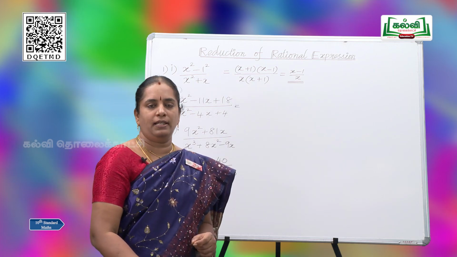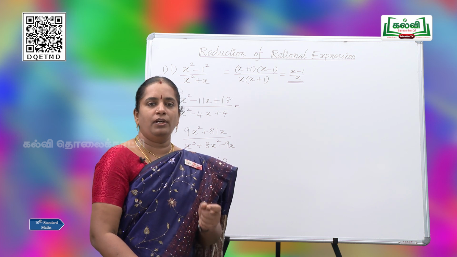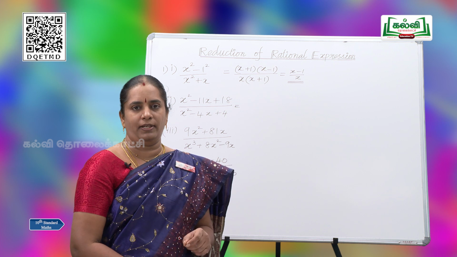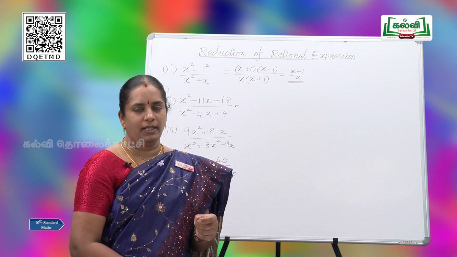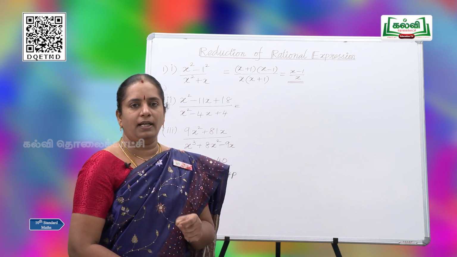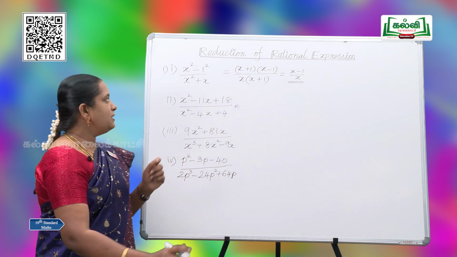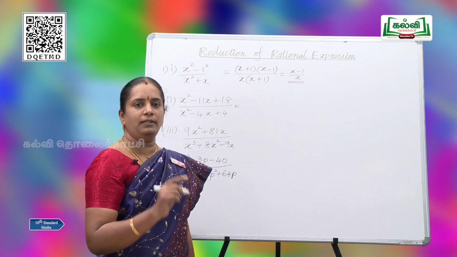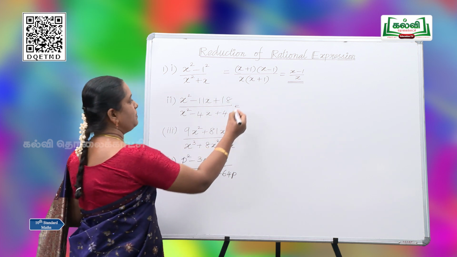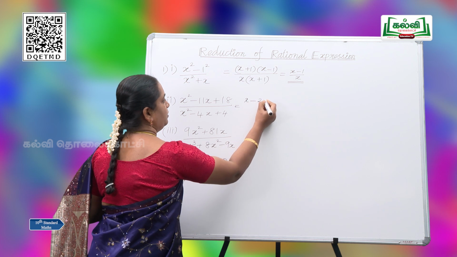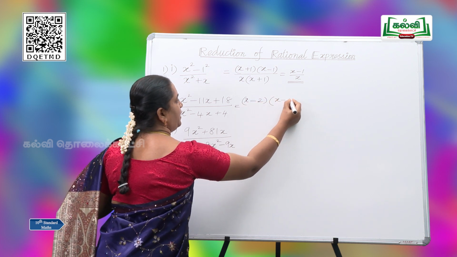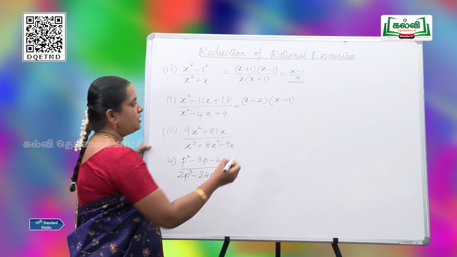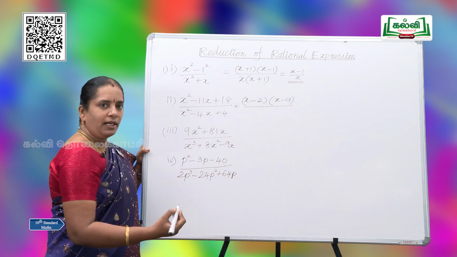Since the product is 18 and the sum is 11, we are going to find two numbers such that their product is 18 and sum is 11. Those numbers are, yes, very good, you have found that they are 9 and 2. So, since the sum is negative, we have to give the negative sign for both the terms. That is, we have to split as x minus 2 into x minus 9. You know the factorization methods from 9th standard. Just recall them and factorize.